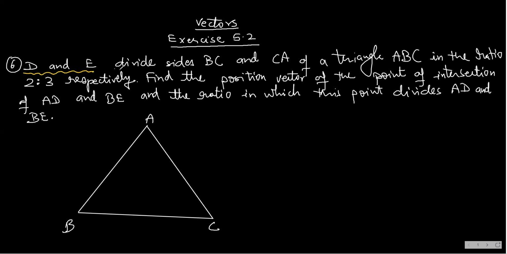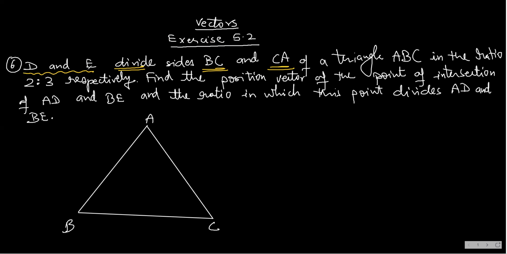D divides BC, E divides CA. So D is on BC and E is on CA.